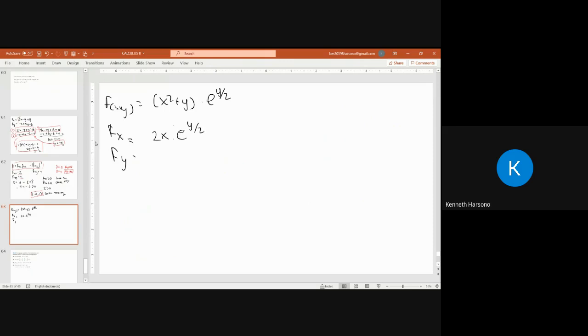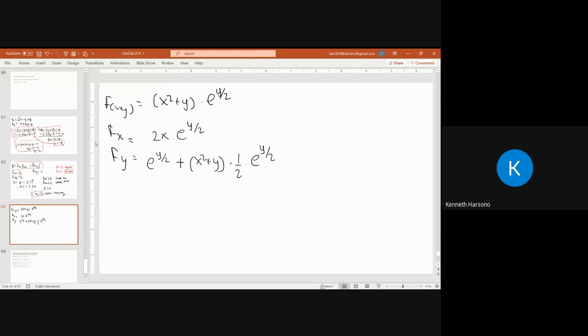And for the derivative with respect to y, you have to use the product rule here. So derive this one first, 1 times e power of y over 2, plus this one, x squared plus y, and derive this one. This one is just half times e power of y over 2.